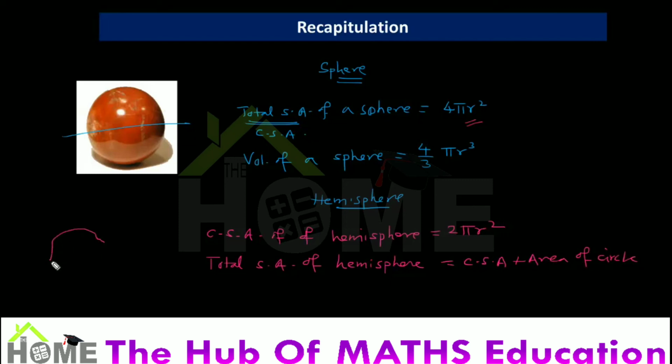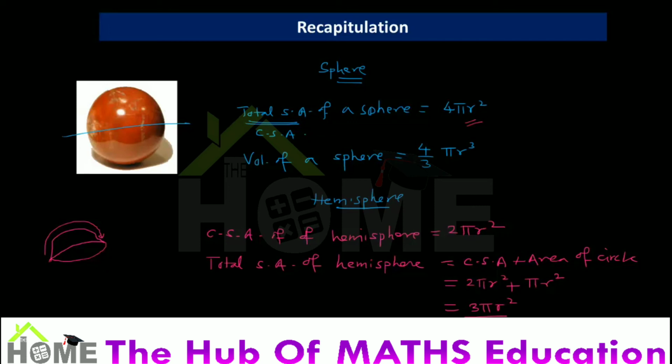So this will be the hemisphere. The curved surface area of hemisphere plus the area of the circle will give you the total surface area. So the curved surface area is given by 2 pi r square plus area of circle is pi r square, which is equal to 3 pi r square.